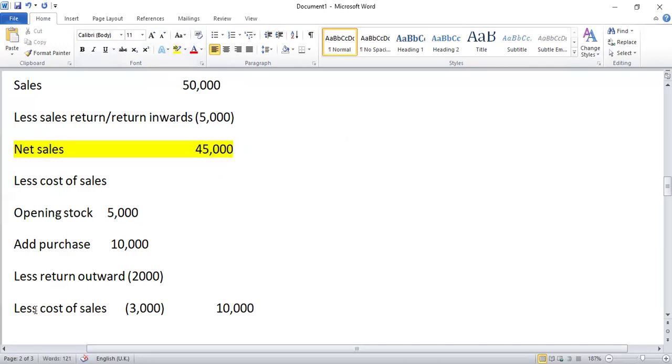Sorry, I said cost of sales earlier, but this should be closing stock. We are going to less closing stock here, not cost of sales. Sorry for that. So this 10,000 will now be the cost of sales.